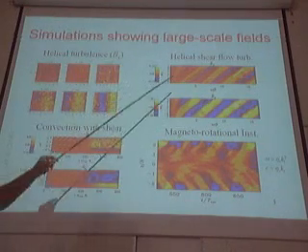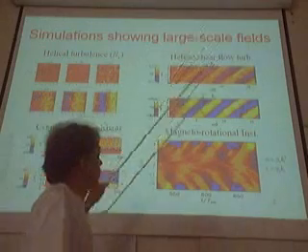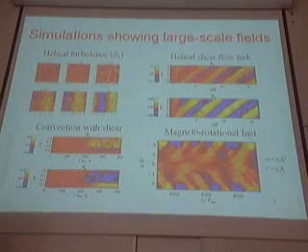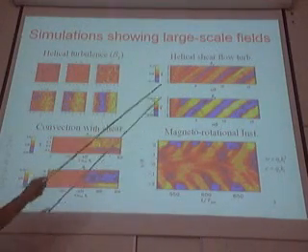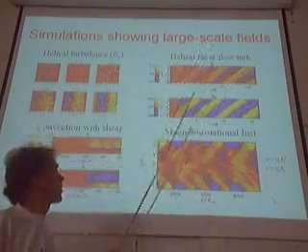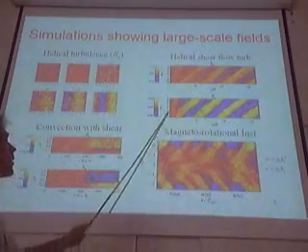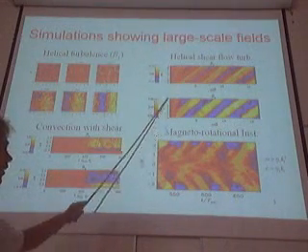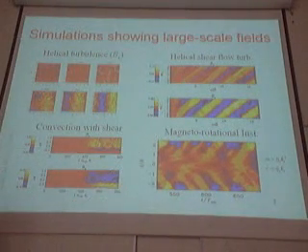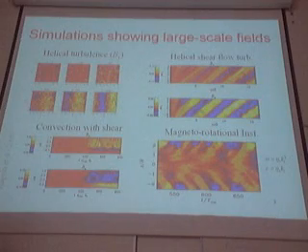Another example here is a simulation from Petri, where there is also shear flow present. In that case, time is shown along this axis, and one spatial coordinate is shown in this direction, which is perpendicular to the plane of the shear flow.